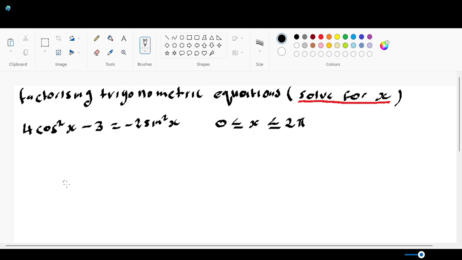So first of all, let me just show you the Cartesian plane in terms of pi. In terms of pi, the CAST diagram is supposed to look like this.